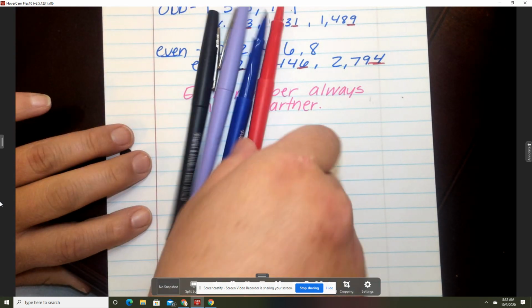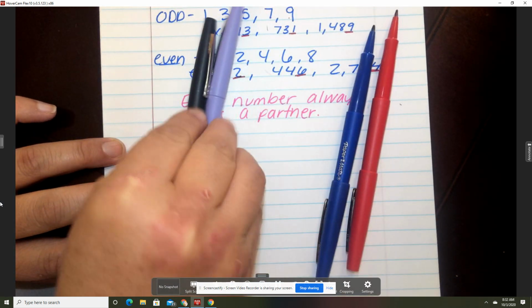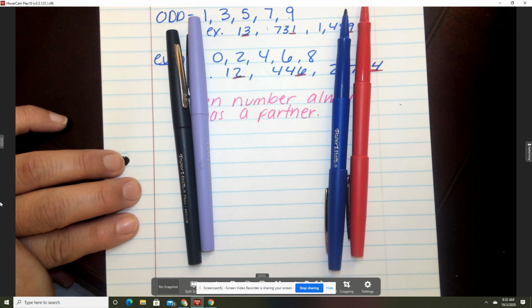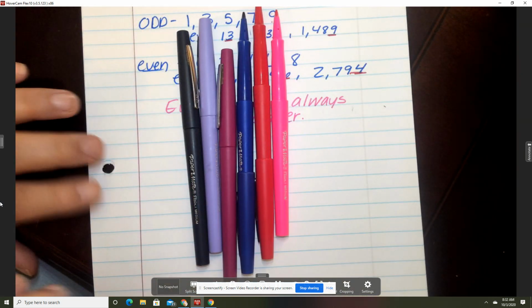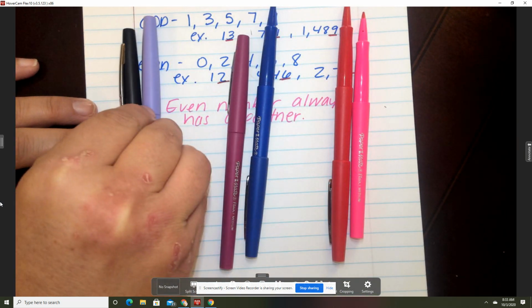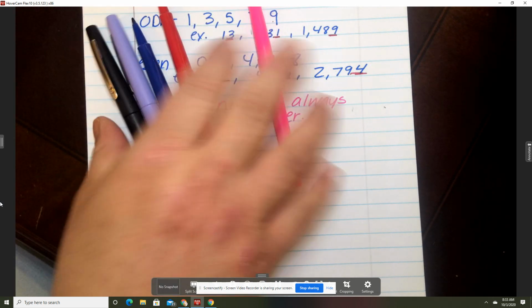All right, so if you take my pens, if I pair them off by 2, they all have a partner, so they're all even, okay? Again, when you pair things to see if they're even or odd, you want to put them in pairs. I can do that, so I have an even number of pens.